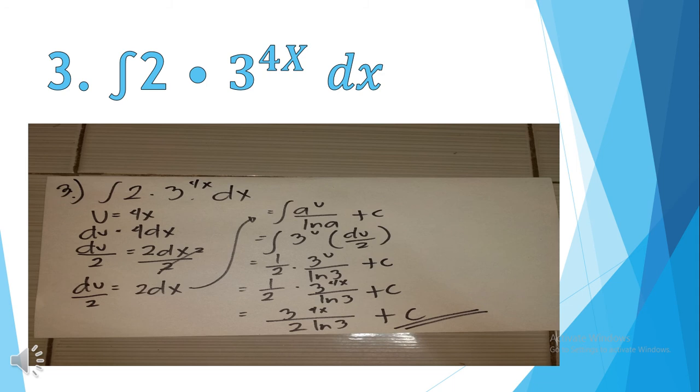So the integral of 3 to the power of u du over 2 is equal to 1 half times 3 to the power of u over ln 3 plus c. Then we substitute u with 4x. So our final answer is 3 to the power of 4x over 2 ln 3 plus c, where c is an arbitrary constant.